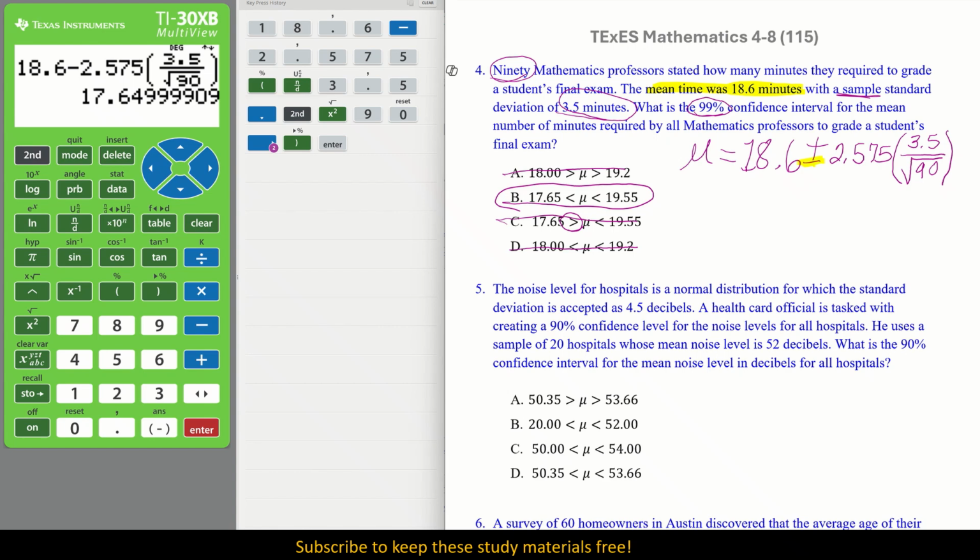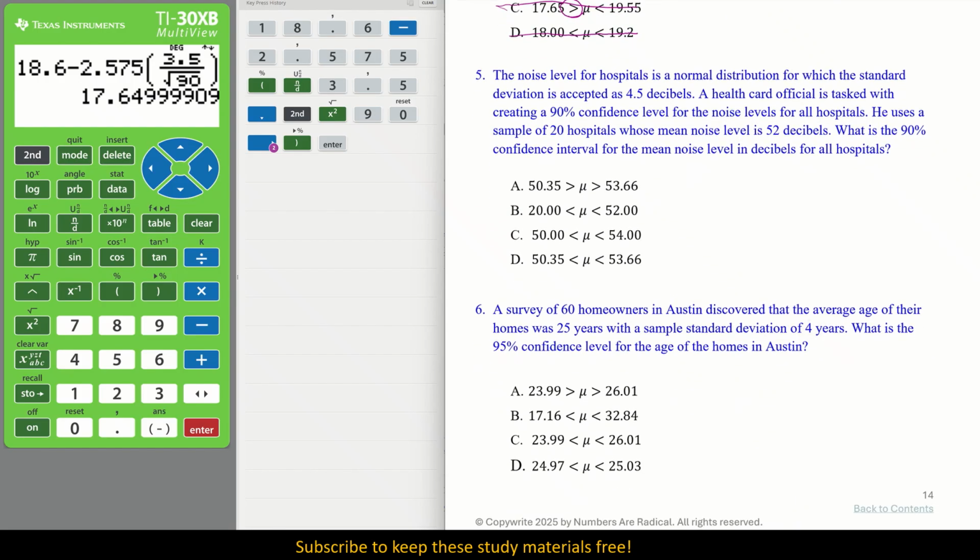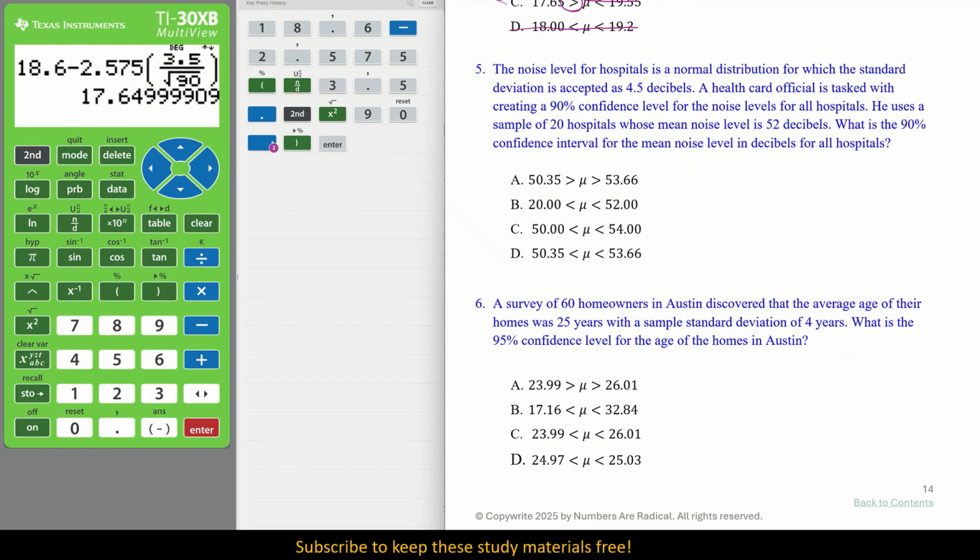All right, so let's see here. Number 5, let's go up a bit. The noise level for hospitals is a normal distribution for which the standard deviation is accepted as 4.5 decibels. Okay, so that is a level of acceptance.